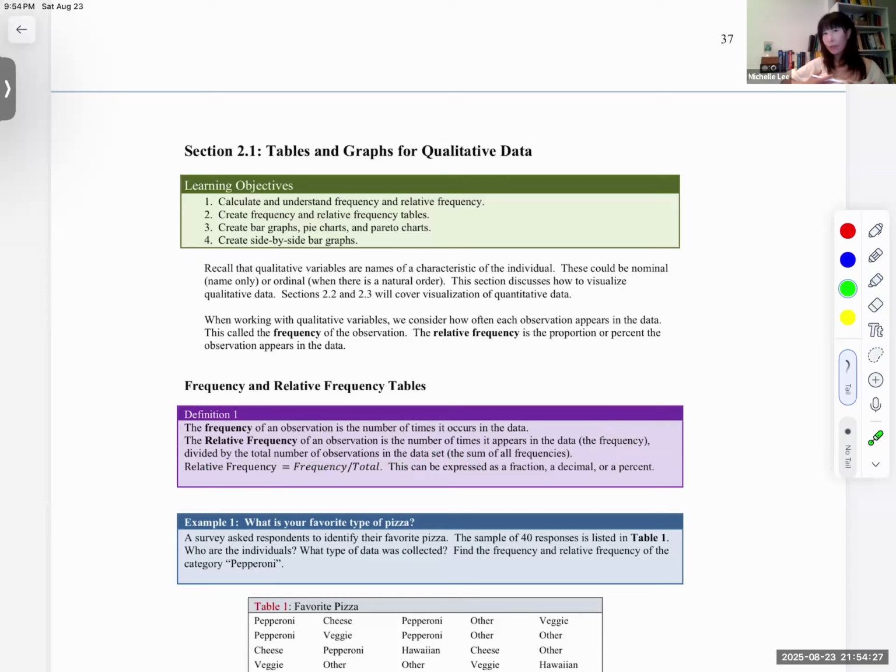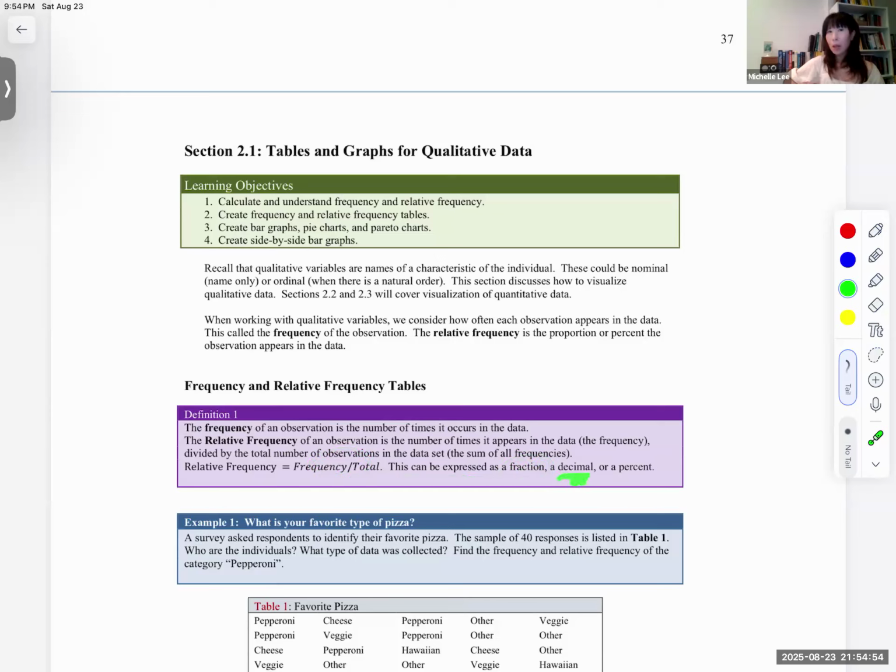So we can have a formula here. Relative frequency is frequency divided by the sum of frequencies. Okay, so it can be a fraction because this is in fraction form, right? And if we have a fraction, we can calculate, then that will be a decimal.